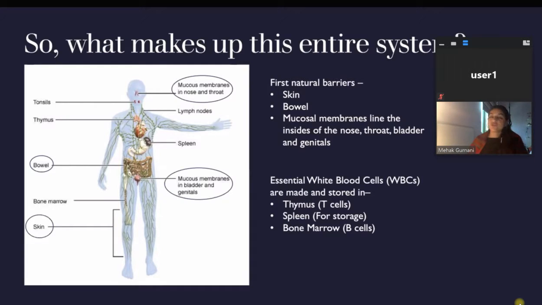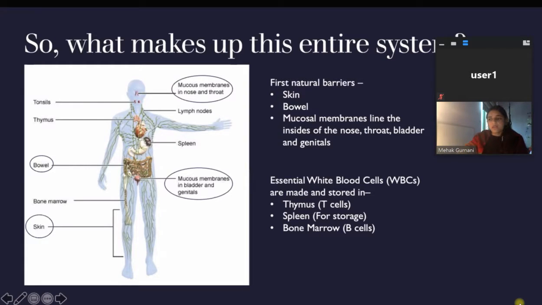There are two main organs and one region in the body where they are either made, stored, or matured. They're mainly made in the bone marrow, which is the inside of our large bones, a soft tissue where these cells are made. Then we have two other organs called the thymus and spleen, as highlighted in this picture.